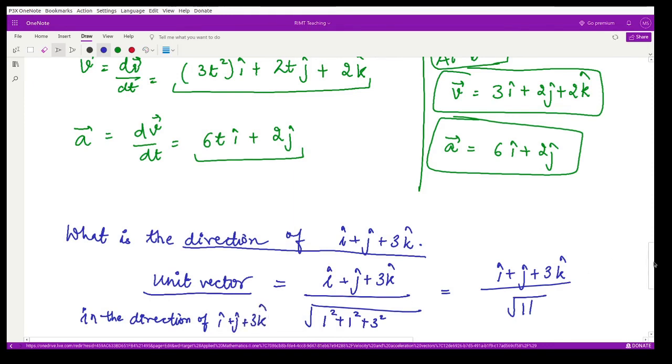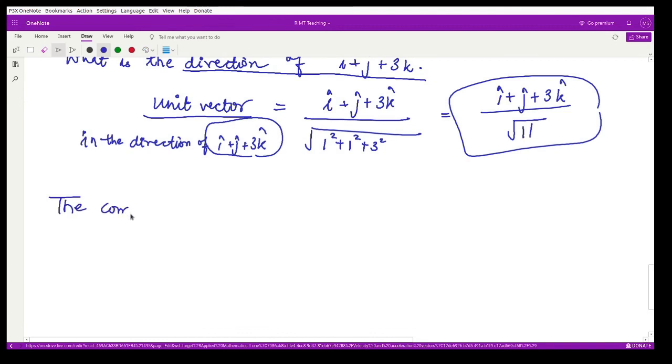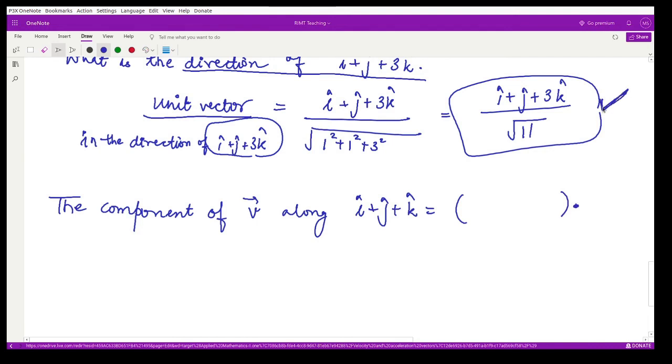Now we are to determine the components of velocity in this particular direction, right? So we will say the component of velocity along the direction i cap plus j cap plus 3k cap is going to be the velocity vector dot product with the unit vector in the direction of this vector. So that is i cap plus j cap plus 3k cap divided by square root 11.